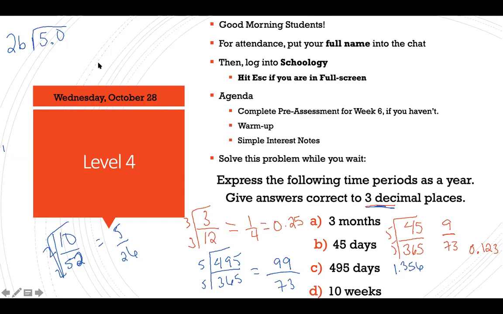All right, so 26 is going to go into 50 1 time. And we get 26. It's going to give me 24. I'm going to add a 0. Now I have 240. Okay. So that should be 26 times 9. 18 plus 5 is 23. Yay.